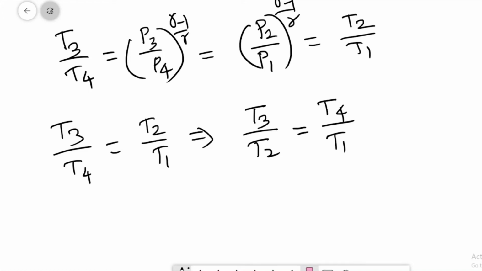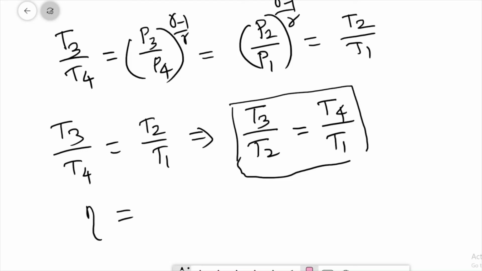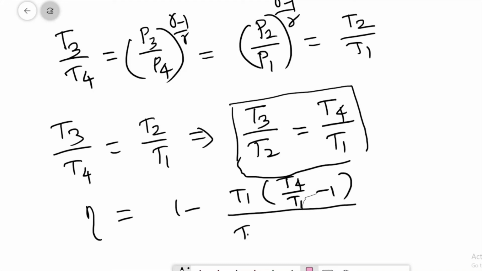So this relationship we can substitute in the efficiency formula, because our efficiency formula says 1 minus, we have taken T1 outside, (T4 by T1 minus 1) divided by T2 into (T3 by T2 minus 1).